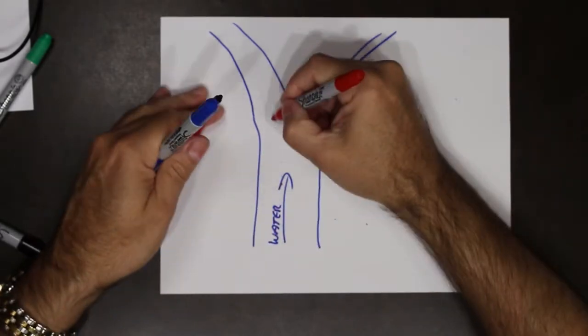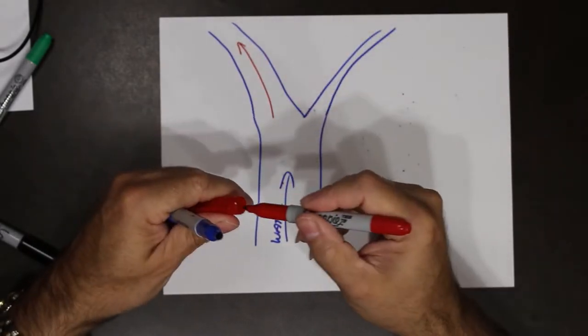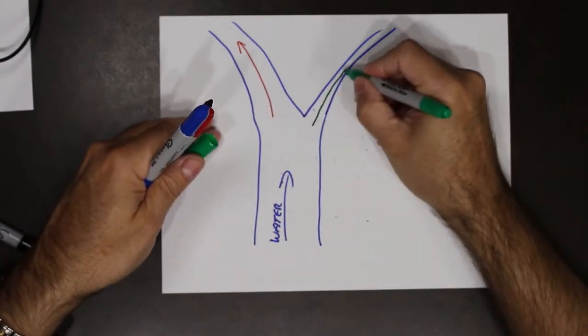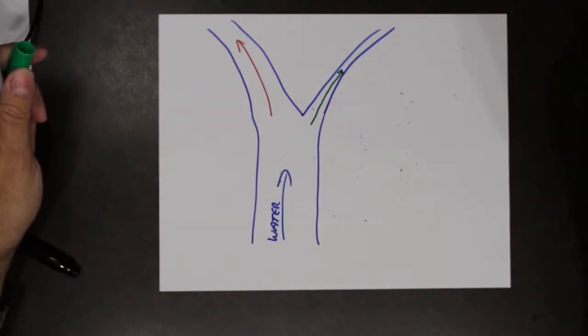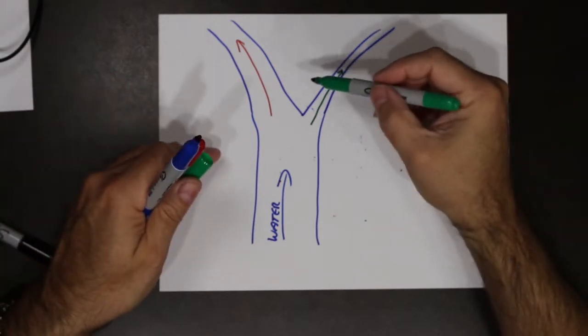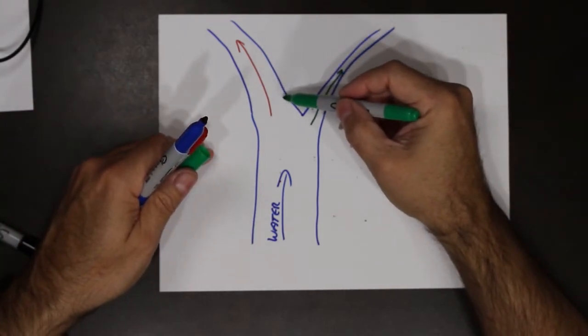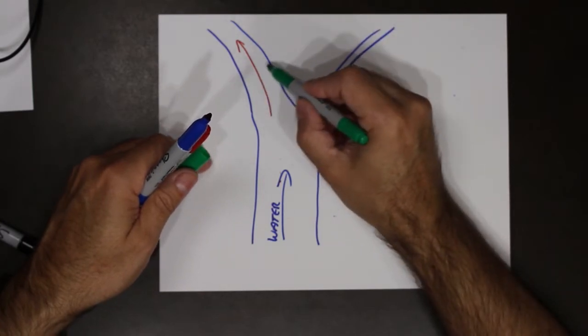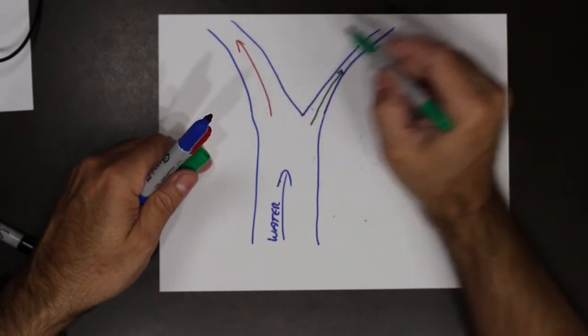Some water will go this way, some water will go this way. Now, how much of the total water will go this way depends on the actual width of that part of the river.